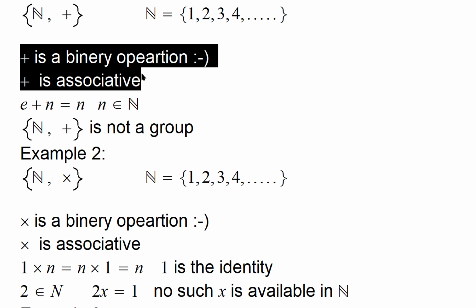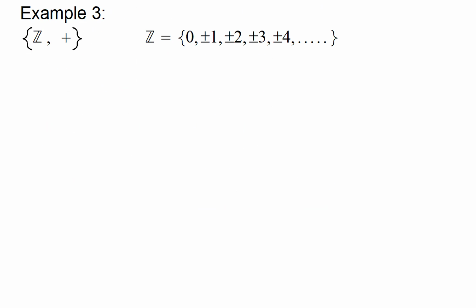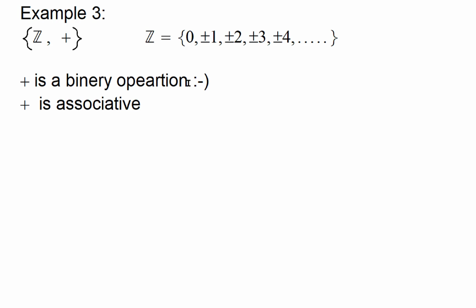Okay, all right, let's go further up. If you are saying it more formally, you should say this is the binary operation in Z. That is fine because these are numbers.